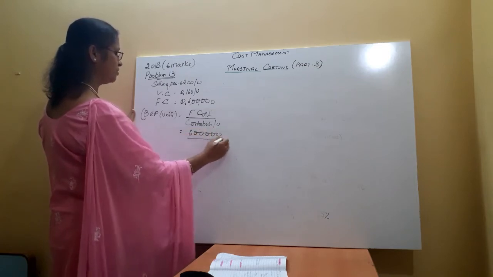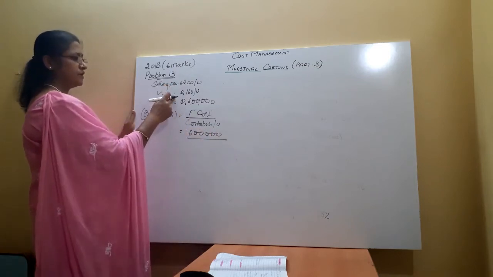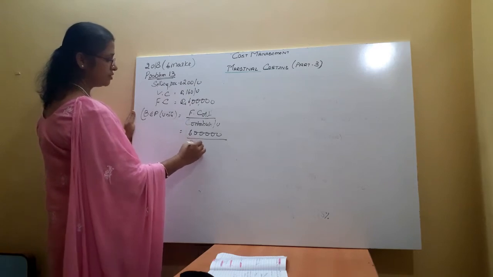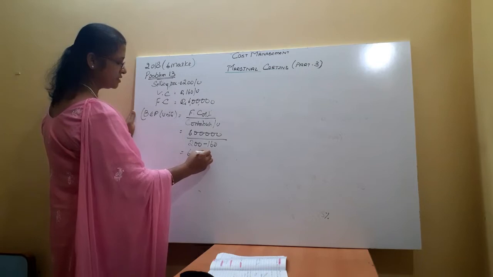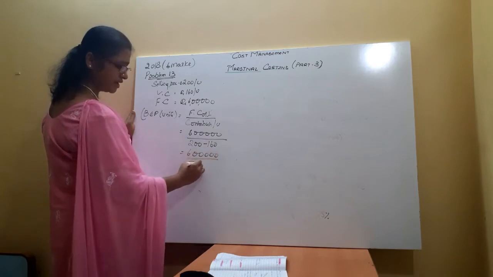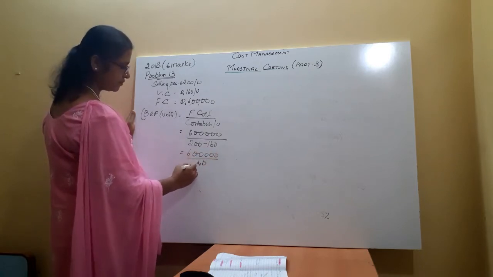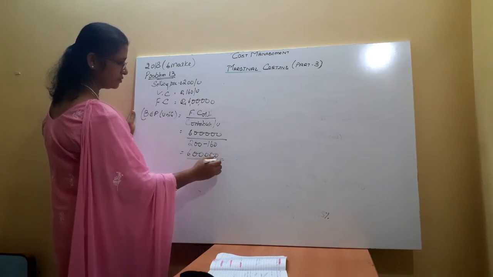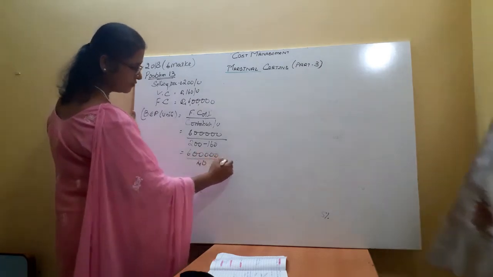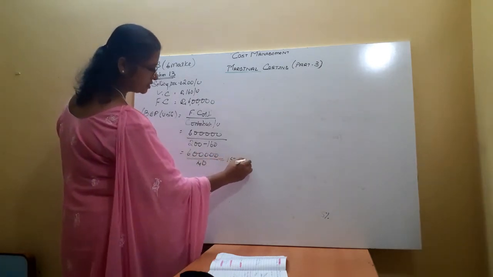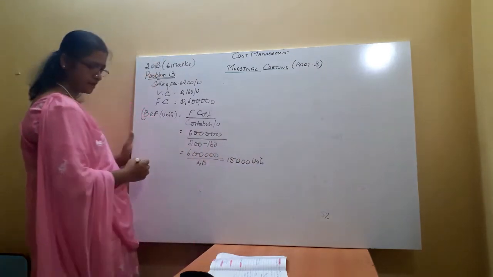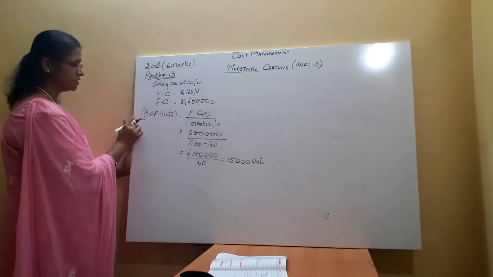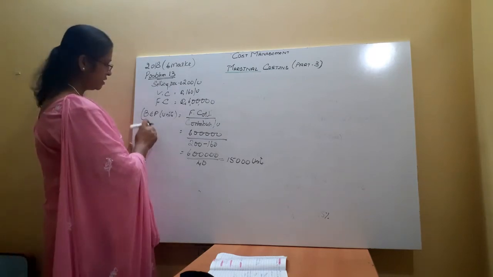We know that contribution is selling price minus variable cost. So 200 minus 160, which is 40. 6 lakhs divided by 40 comes up to 15,000 units.